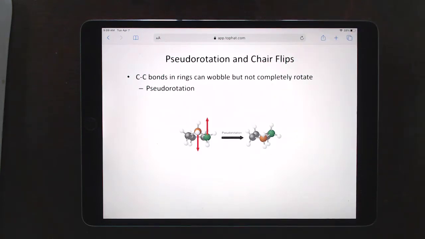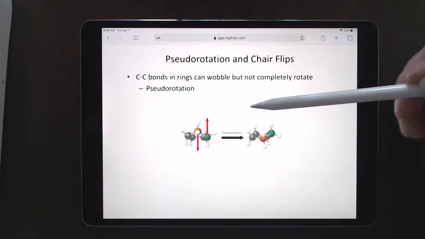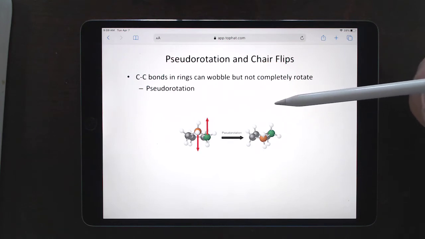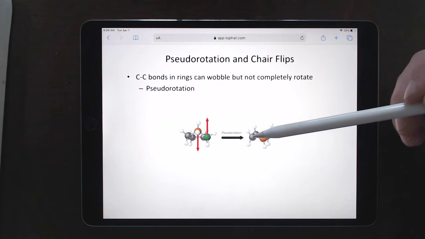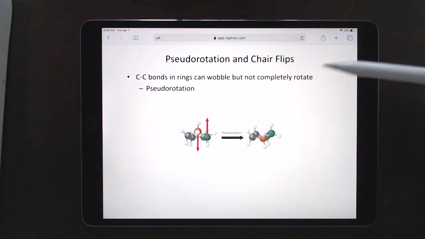Okay, so remember with carbon-carbon bonds, you can get rotations. When they're in a cyclic structure, in the ring, they're still going to wiggle around, but they can't go all the way around. They can go back and forth.